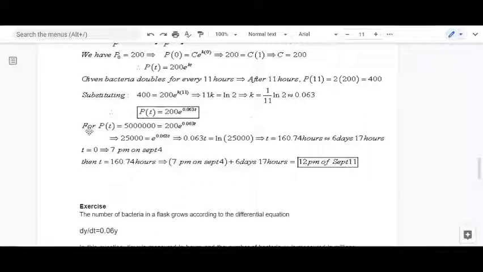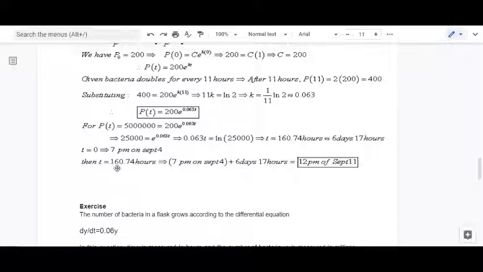Now we are looking for the time when the population is equal to 5 million. We replace everything and get time equal to 160.70 hours, which converted into days is 6 days, 17 hours. We know the initial time was 0, and by adding it, we get this.